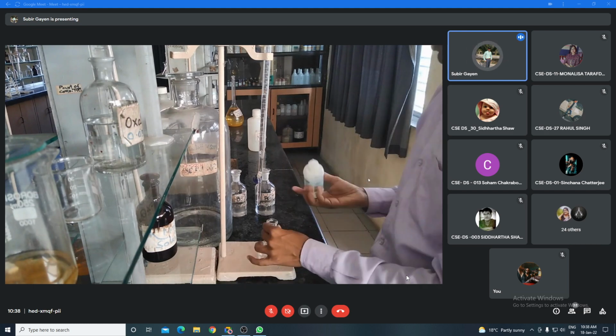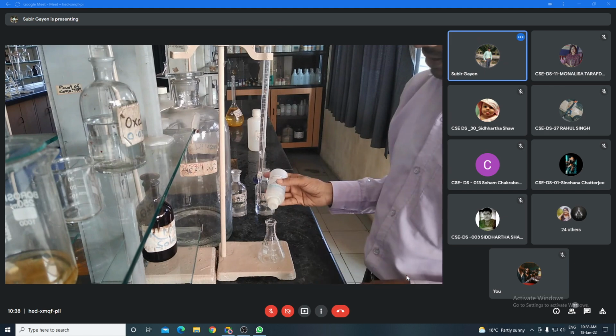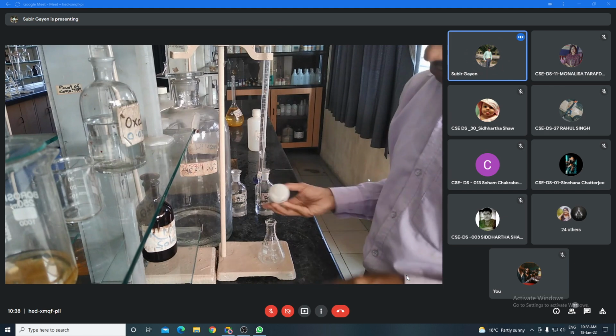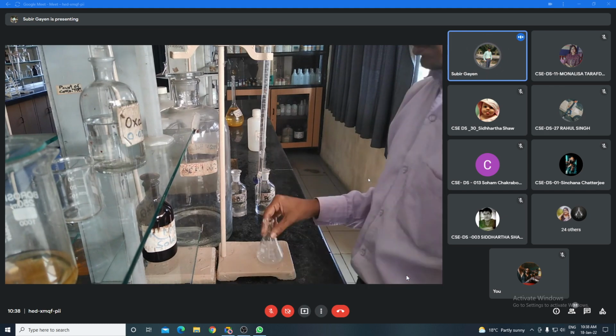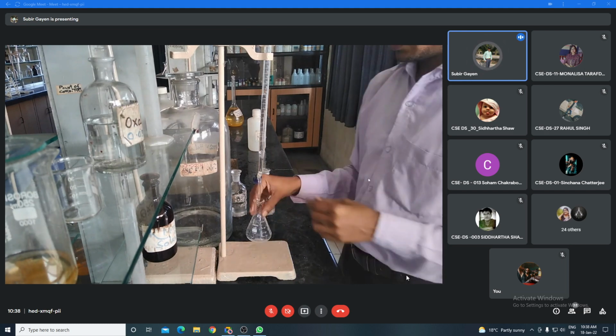Then 1 drop alkaline indicator. Again, in the same way, we have to titrate.